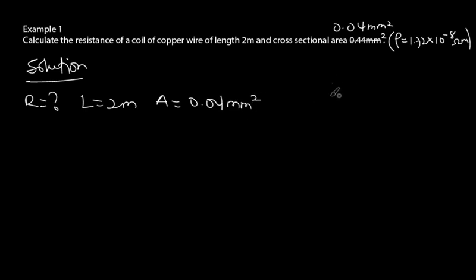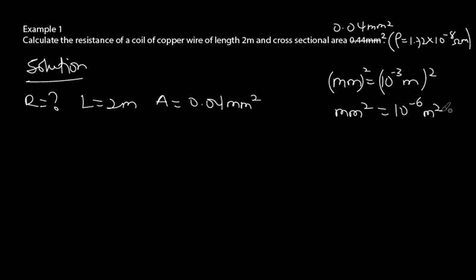A millimeter is times 10 raised to the power minus 3 meters, so if we square both sides, millimeters square becomes 10 raised to the power minus 6 meters square. This is the conversion from millimeters square to meters square.